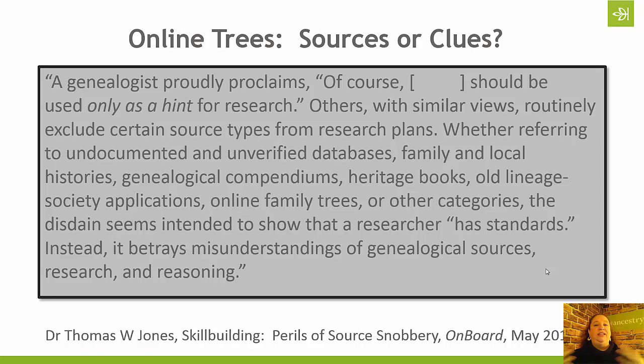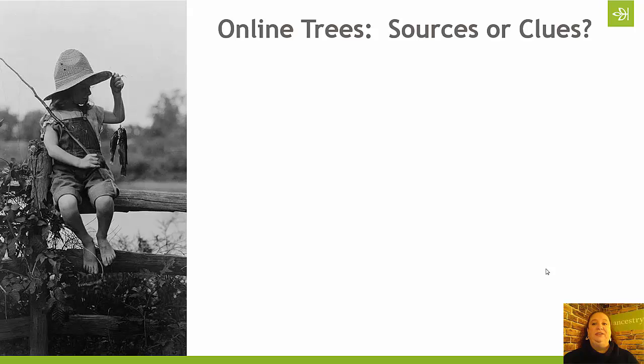All of these kind of fall into that same category of records that have been compiled by another researcher that they are then presenting to the world. Online family trees now are a pervasive thing that fall into that same category. So let's talk about whether to use them as a source or a clue.